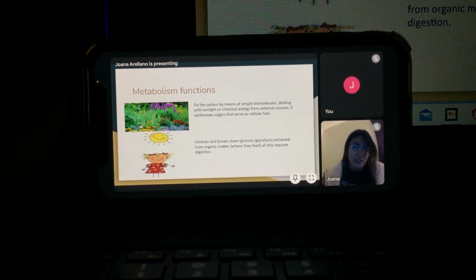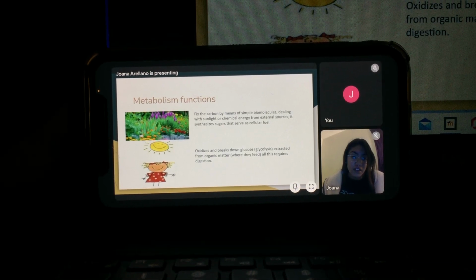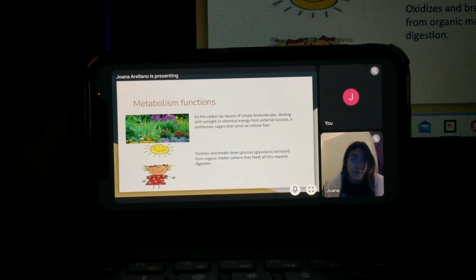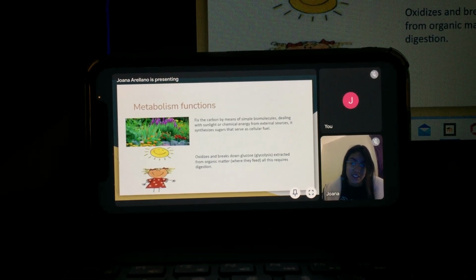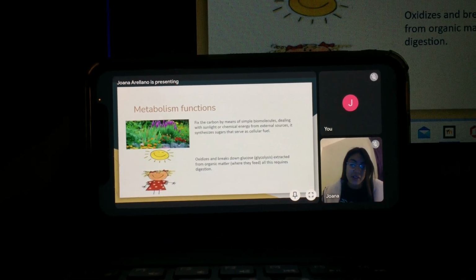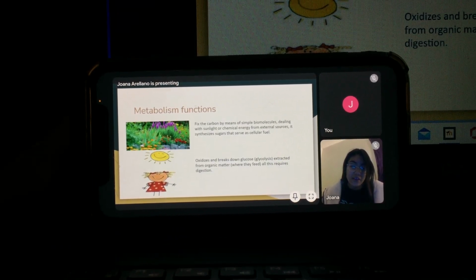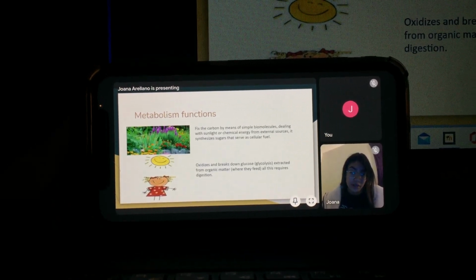Also, it synthesizes sugars that serve as cellular fuel, oxidizes and breaks down glucose extracted from organic matter. All these require digestion.